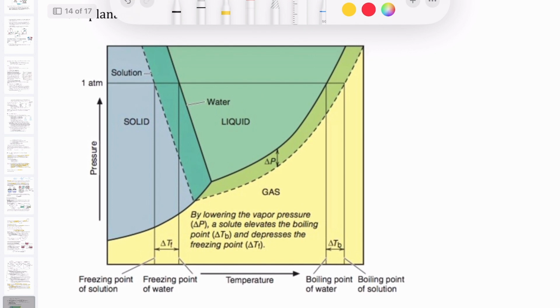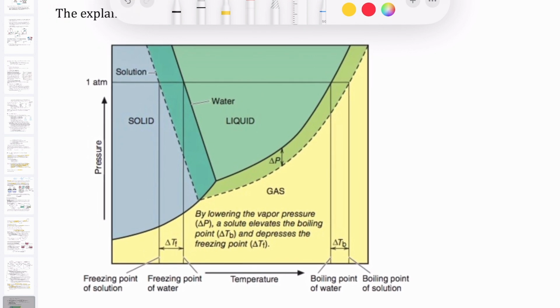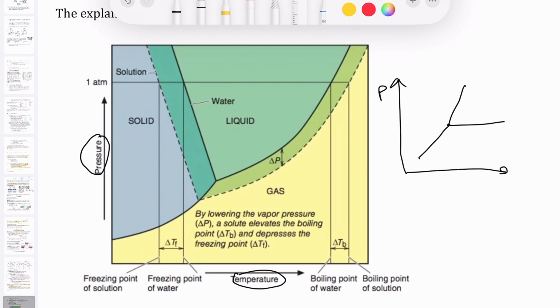The way this happens can actually be visualized using a phase diagram, which, if you remember, is just a plot that shows the three states of matter for a particular substance, with the y-axis being pressure and the x-axis being temperature. A typical phase diagram looks something like this, and you have at high pressure and low temperature your solid, at high temperature and low pressure your gas, and then your liquid is somewhere in the middle.